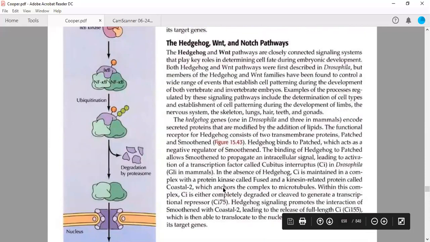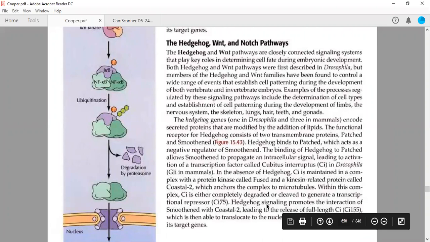Now, within this complex, the CI or Cubitus interruptus in Drosophila is either completely degraded or cleaved to generate a transcription factor repressor that is called CI75. After forming a complex, in the absence of the signal, it will form CI75 or be completely degraded, so that there is no signaling.